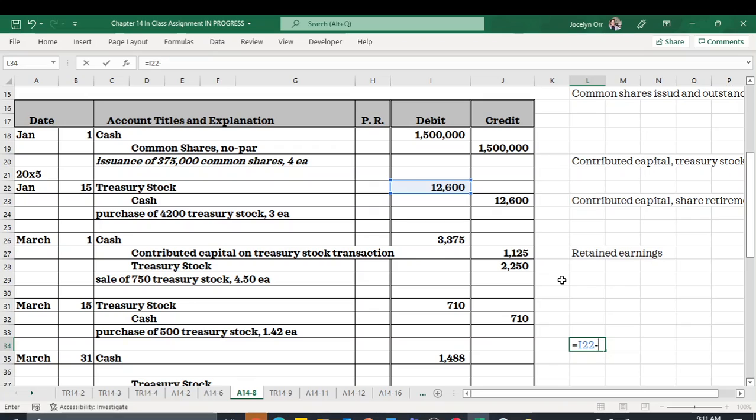We then decreased our treasury stock by $2,250, which we don't need to include because that was on a resale, not a purchase. So we're going to add the 710, which gives us a balance of 13,300.